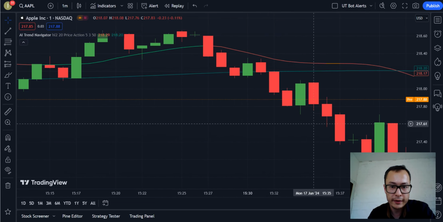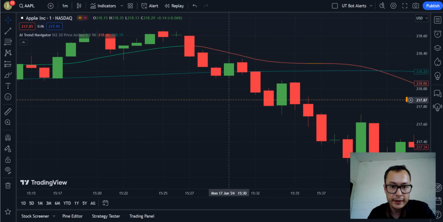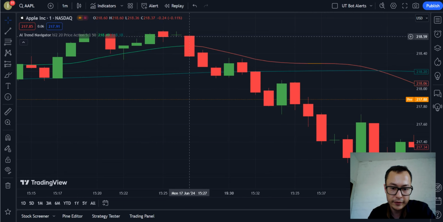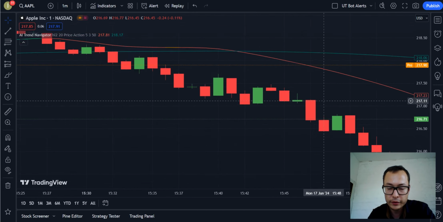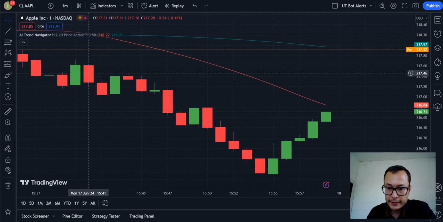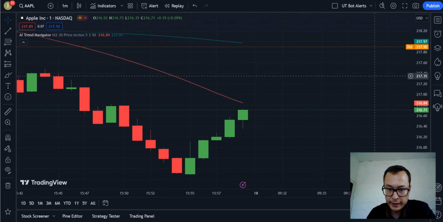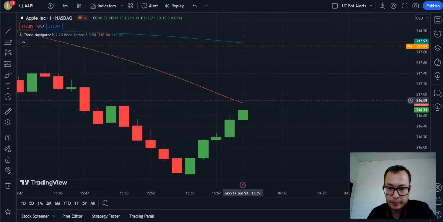So this would have been our last transaction for the day, for June 17, 2024, because afterwards the Apple stock just goes down overall, and there's no green line represented by the AI Trend Navigator, because the Nasdaq Stock Exchange closes.